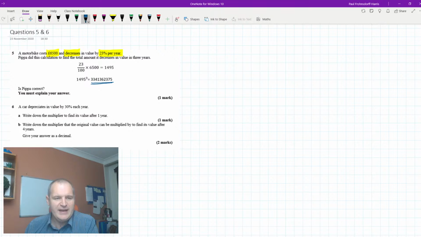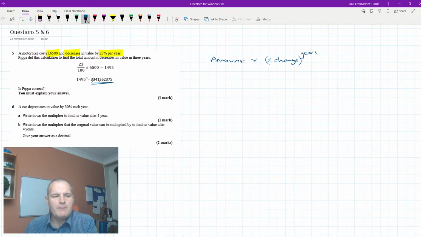There is no way, if she's decreasing that much a year, that just to clarify here, that's £3.3 billion over 3 years. We should realise straight away that there must be a mistake and try and work out what it is.